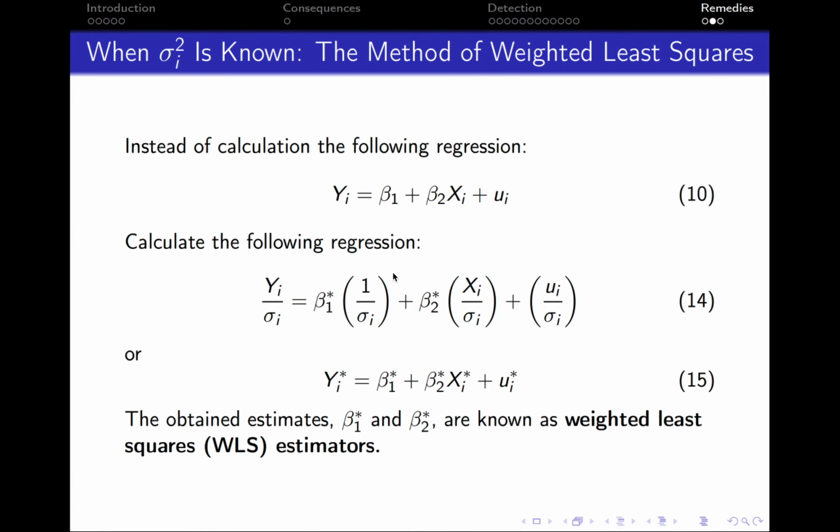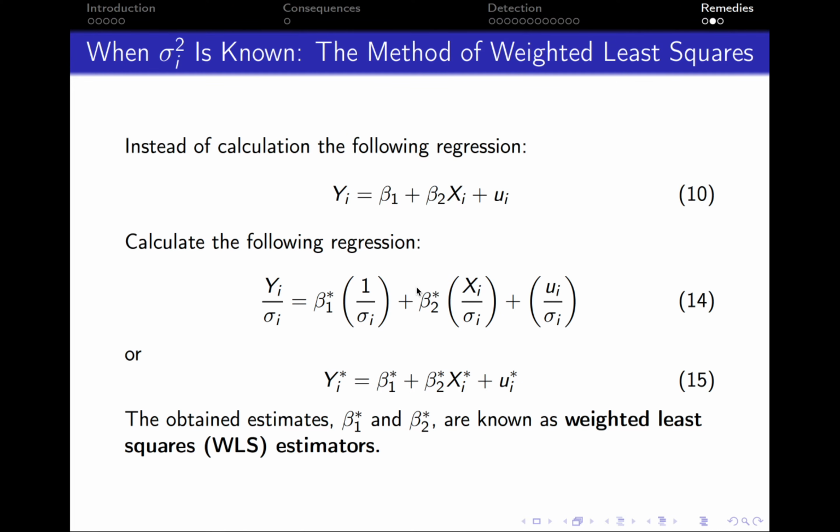So instead of calculating the traditional regression where y is a function of x, what we actually need to do is divide both sides by the standard error of the residual. So y divided by sigma i, beta 1 divided by sigma i, beta 2 xi divided by sigma i, and the error term divided by sigma i.